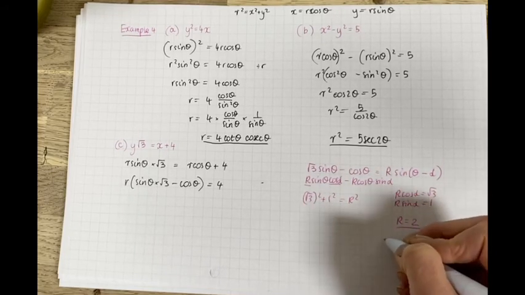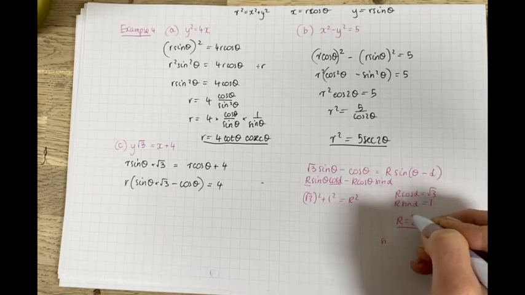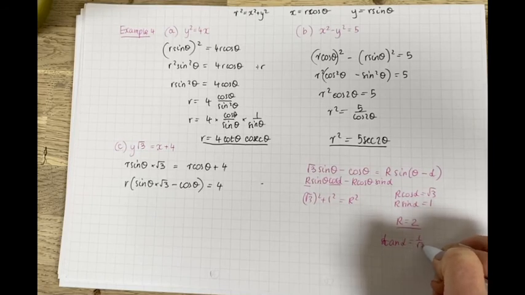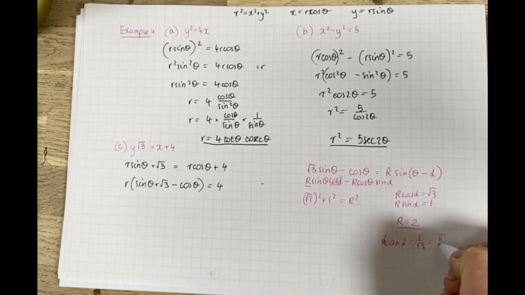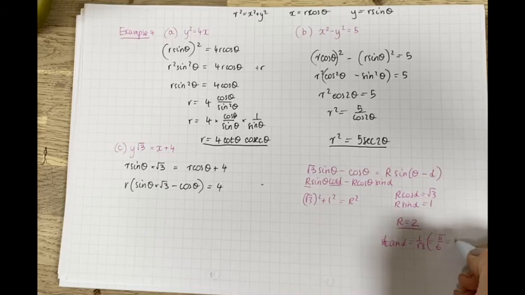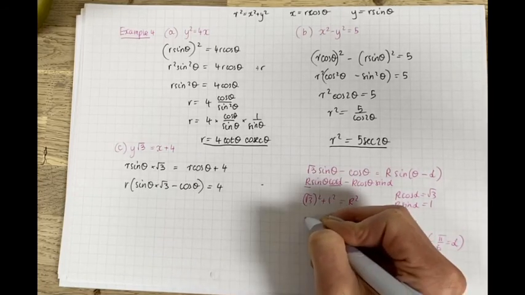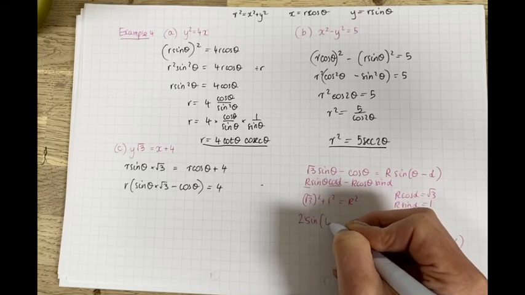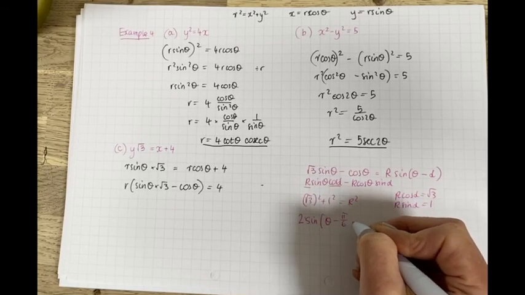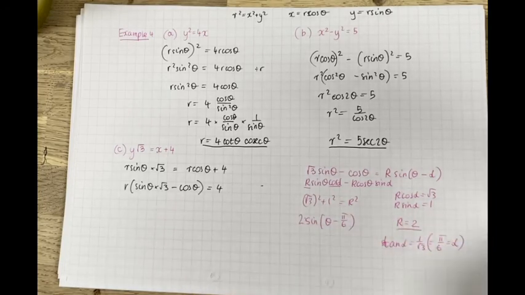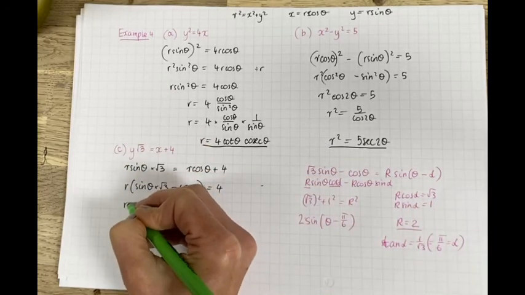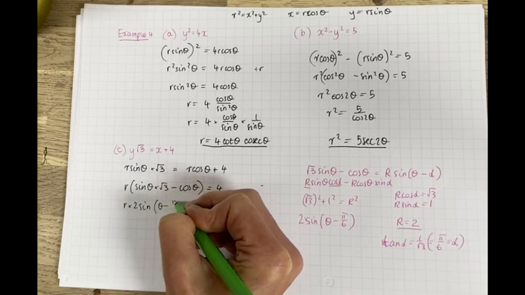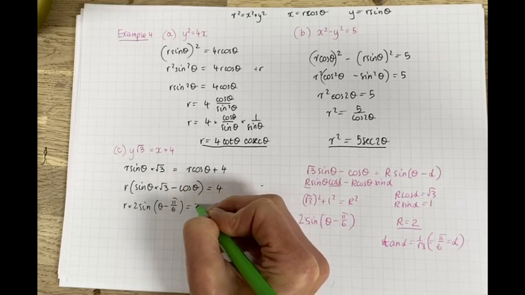So let's do sine over cos, which is tan alpha, is 1 over root 3, which is pi over 6 for alpha. So the replacement is going to be 2 sine theta minus pi over 6. Okay, so you've got r times 2 sine theta minus pi over 6 is equal to 4.